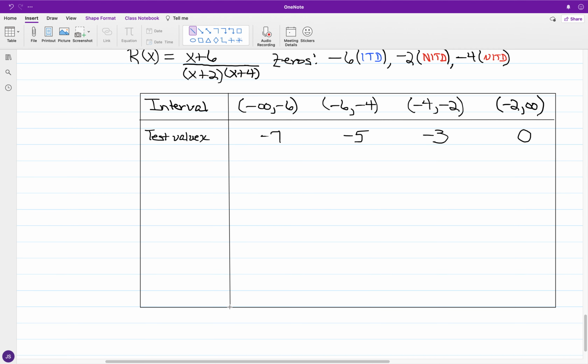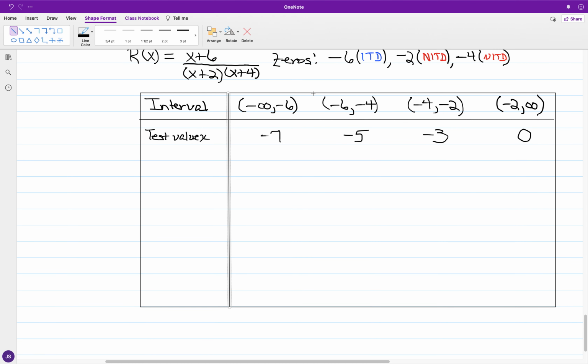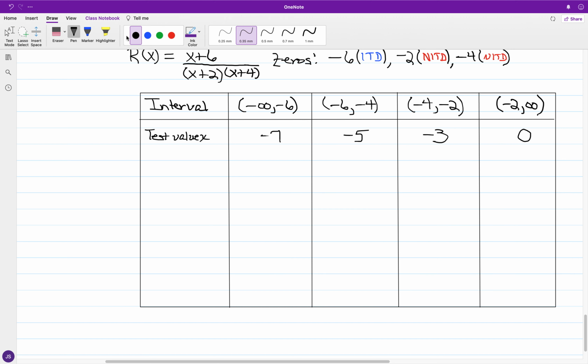Now, just looking at what we have for the function values. Still, we have r of x is equal to x plus 6 all over x plus 2 times the quantity of x plus 4.